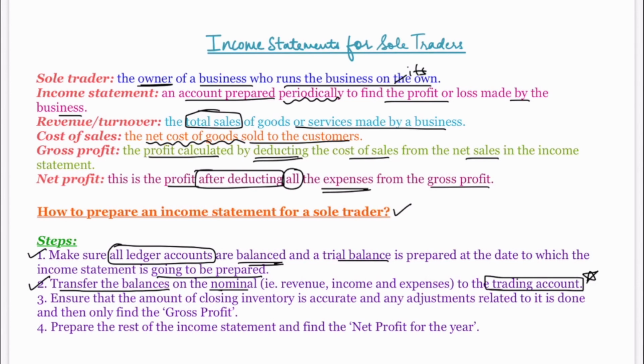The next step is to ensure that the amount of closing inventory is accurate and any adjustments related to it are done, and only then move on to finding the gross profit. And the last step, prepare the rest of the income statement and find the net profit for the year, or the profit for the year.